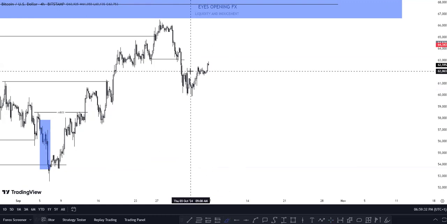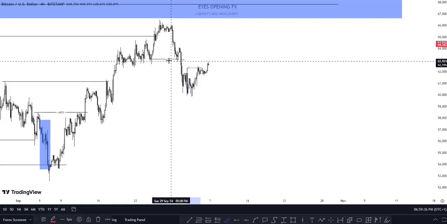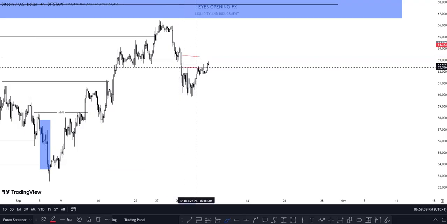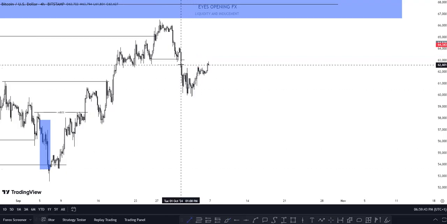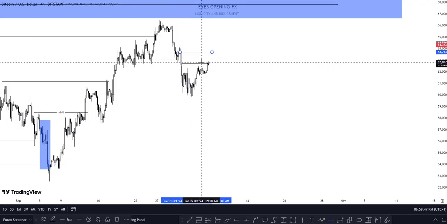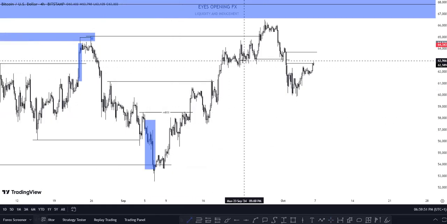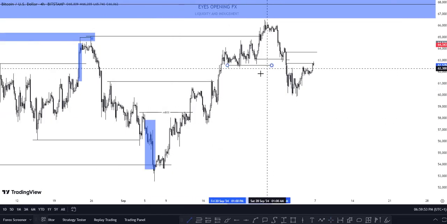Okay, you see price making a higher high right here, and this is a clear imbalance level. Since we have this imbalance level, based on fundamentals, there is investing in BTC. Based on technical analysis, we have an unsupported low right here plus liquidity right here.